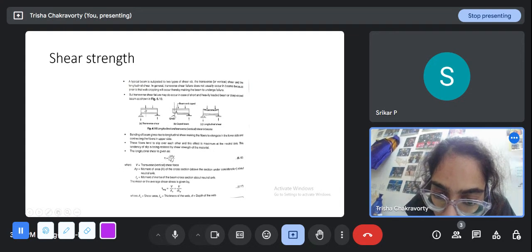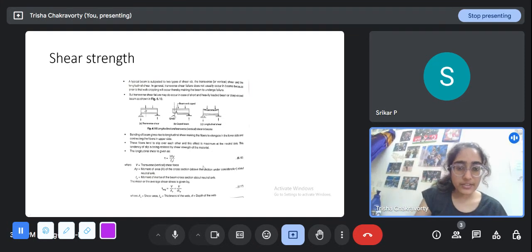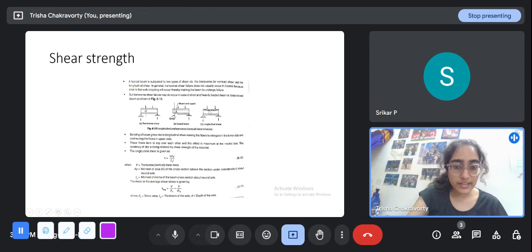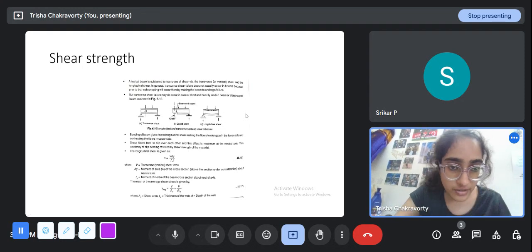But now my question is that if they are writing the longitudinal shear as tau equals V A y bar by I Z T, where A y bar is the moment of area of the cross section about the neutral axis, here they are taking the web itself. The beam cross section has flanges and a web, and the neutral axis will go somewhere across the web, suppose at the midpoint.